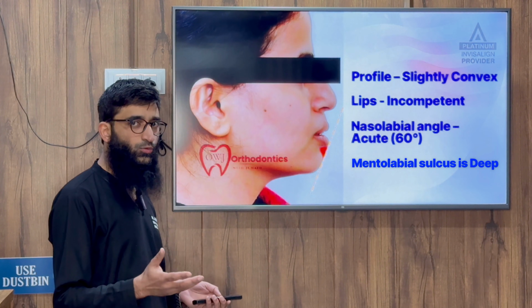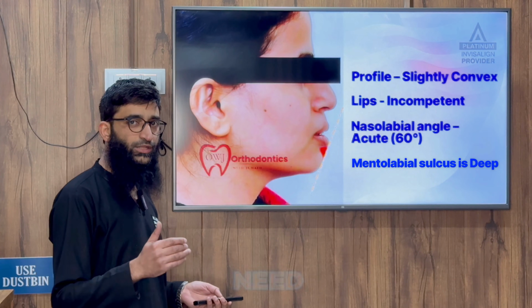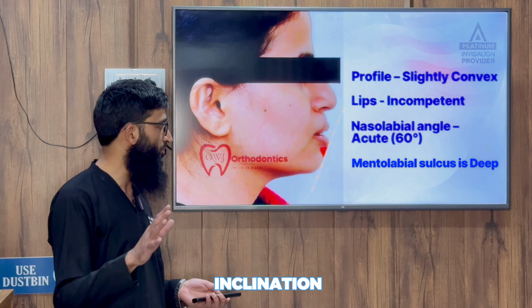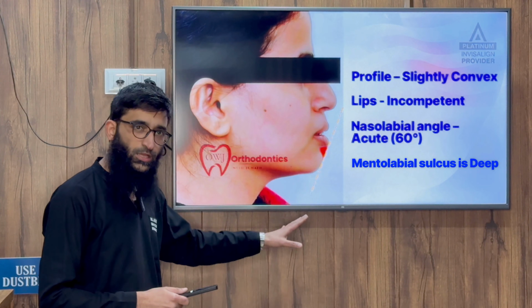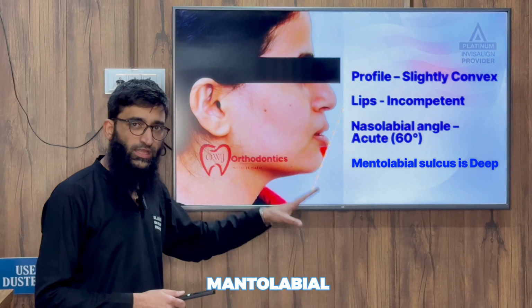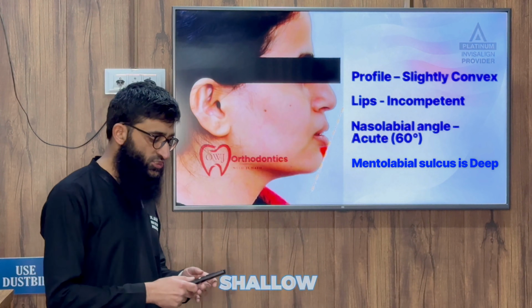So we need to retrocline and correct the axial inclination of the upper and lower incisors, so this deep mentolabial sulcus can become shallow.